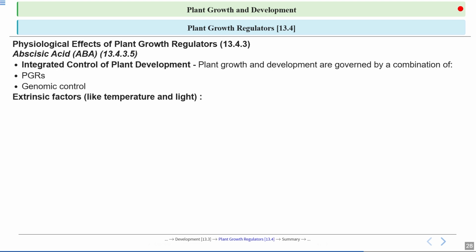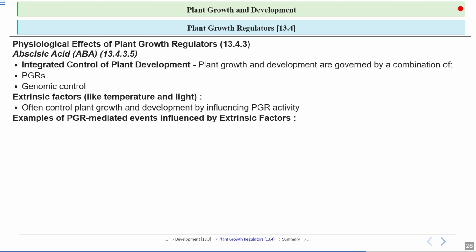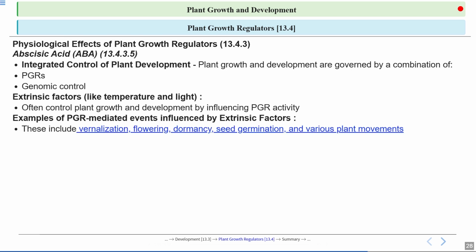Genomic control comes from the plant only. But there are some extrinsic factors as well, like temperature and light. They often control the plant growth, development, and influence plant growth activity. So examples that show the extrinsic factor: vernalization, flowering, dormancy, seed germination, and various plant growth movements.